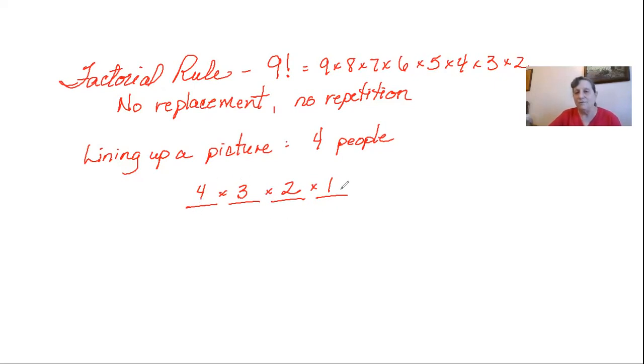So this is 4 factorial. 4 times 3 times 2 times 1. So there's a possibility of 24 possible ways to do this. That is considerably smaller than 4 times 4 times 4 times 4 would be.